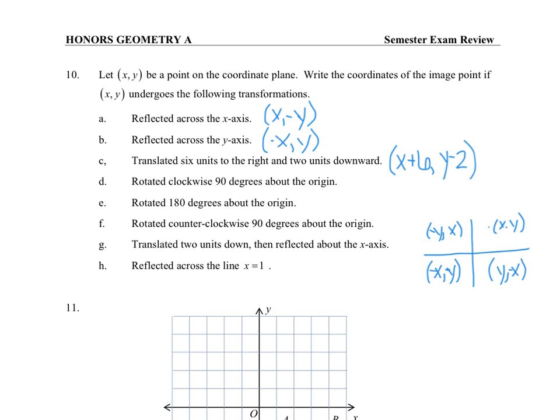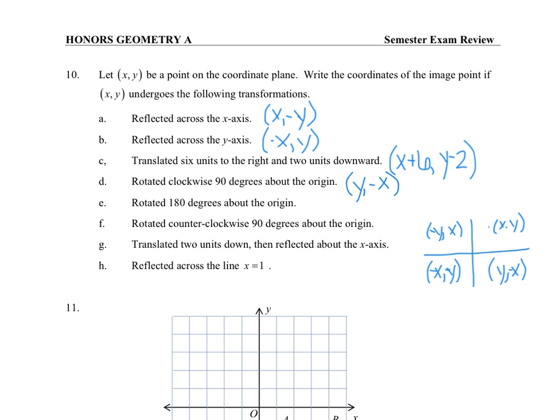But part D says rotate it clockwise 90 degrees about the origin. So that means in a general rule where I start with XY, I'm going to be going clockwise 90 degrees, so just one quadrant about the origin. Therefore, I'm going to have y, -x.